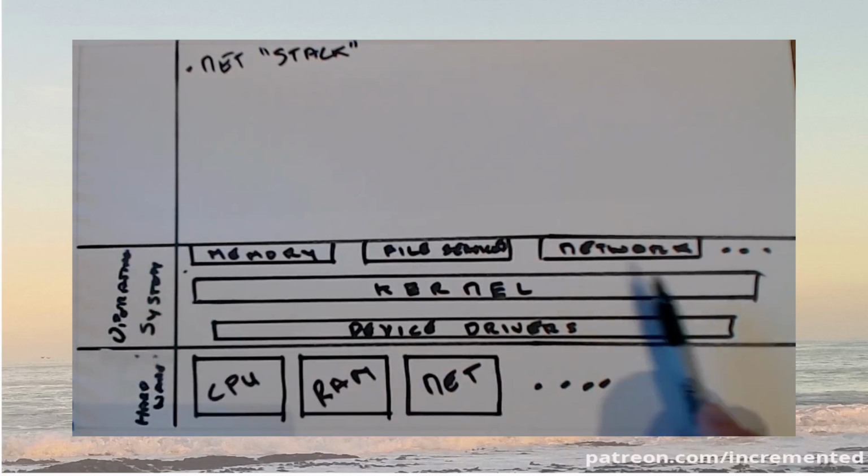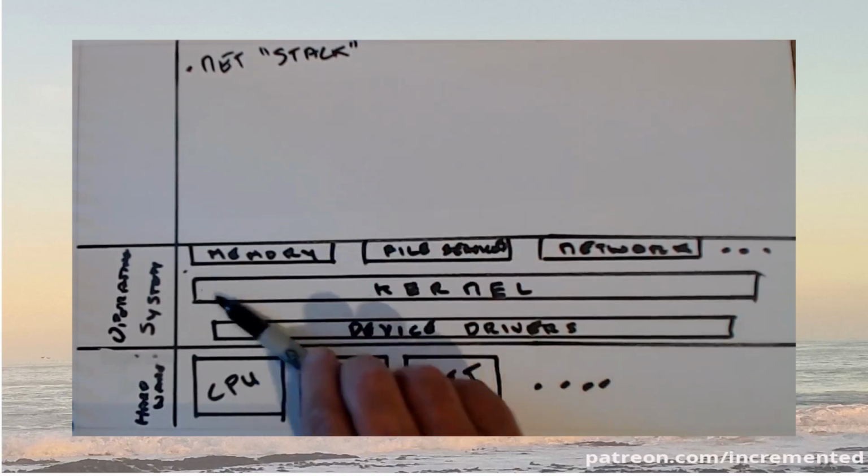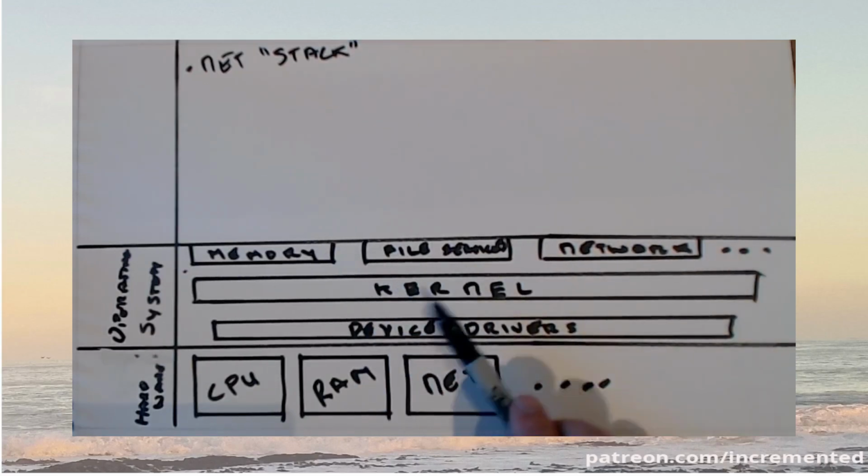Now our operating system, and this is a huge simplification, but please bear with me, essentially consists of a bunch of device drivers, sometimes referred to as the hardware abstraction layer, and they are bits of code, specially written typically in C or C++, and what they do is they tell the operating system code how to talk to the specific hardware in our computer.